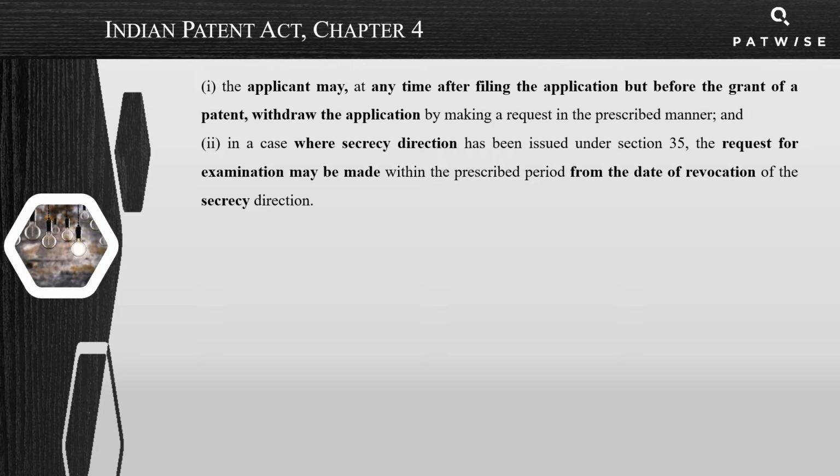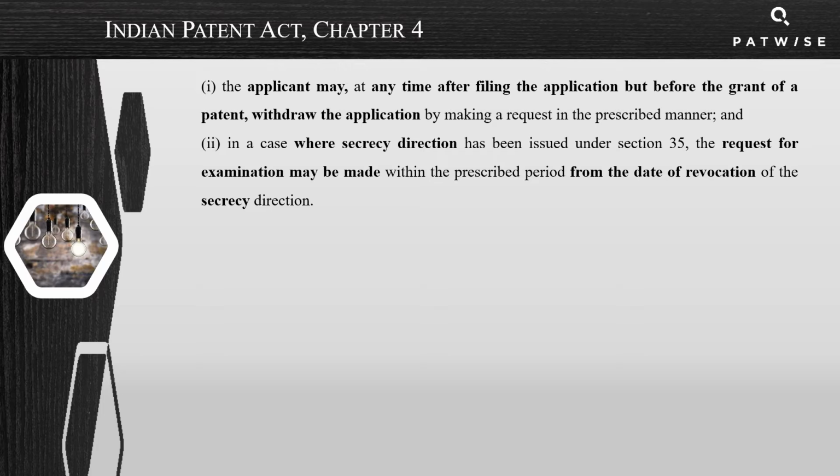Now, if the applicant at any time after filing the application but before the grant of the patent wishes, he is also eligible to withdraw the application by making a specific request. So even after filing a request for examination, he can still withdraw an application. Now in case a secrecy direction has been issued under Section 35, then the request for examination should be made within 48 months from the date of revocation of the secrecy direction.